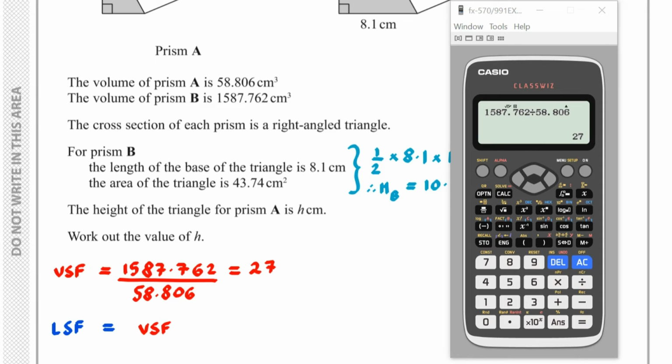So we take our volume scale factor and then we cube root this. So we have the cube root of 27, which is equal to 3.